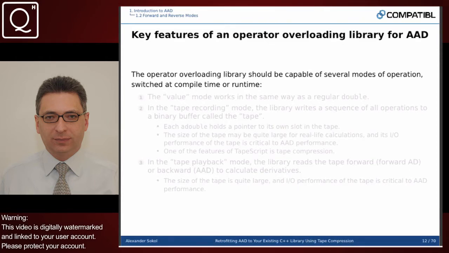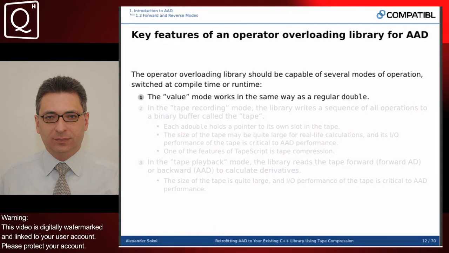Okay, well, the way it works, and this applies not only to TypeScript but to most of the operator overloading libraries, is that there is a value mode, and the value mode simply works the same as a regular double and does nothing else, right? So this is when you don't need the derivative, simply because sometimes you still want to run your library when you're not computing any derivatives.